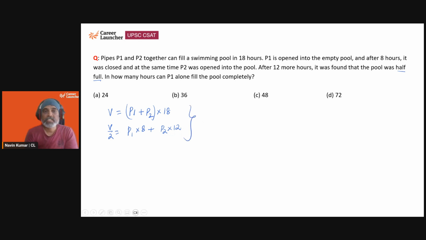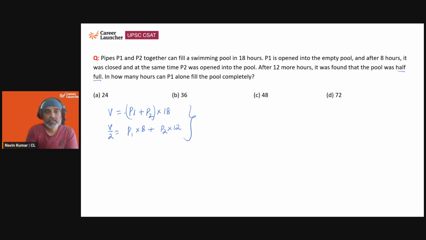From here, our target is to find out what is the assumed value of P1 and P2. Why assumed value? Because if you watch carefully, there are 3 variables and 2 equations. We won't be able to solve the values for P1 and P2. We don't know the exact values of those, but we can definitely calculate the ratio, which is assumed values.